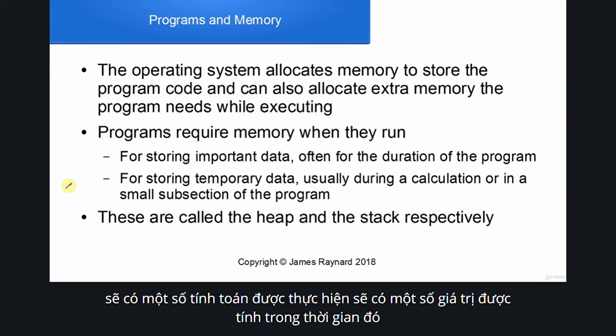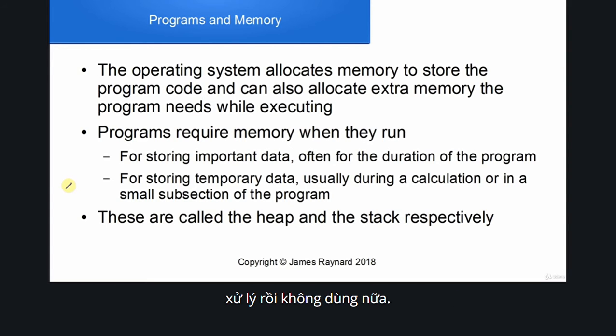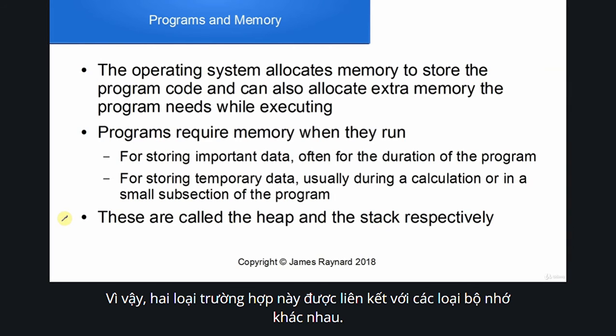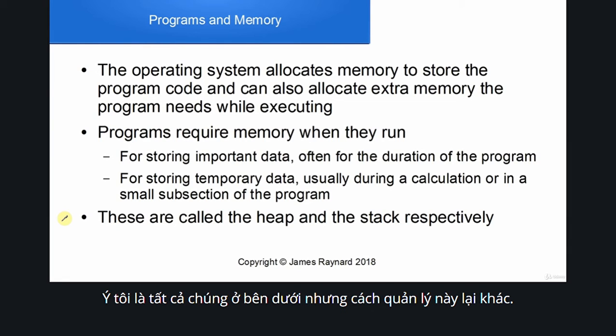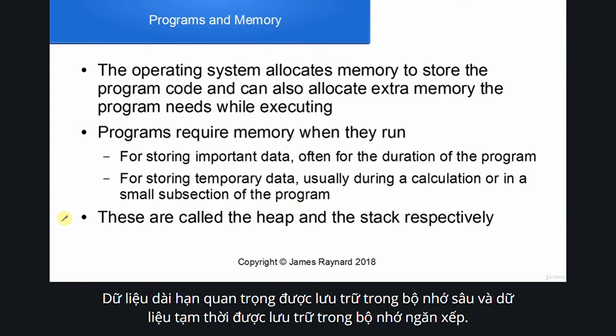There's going to be some values which are calculated during that process and then not used again. So that's temporary data. So these two types of cases are associated with different types of memory. I mean, it's all RAM underneath, but it's the way that it's managed that's different. The important long-term data is stored in heap memory, and temporary data is stored in the stack memory.